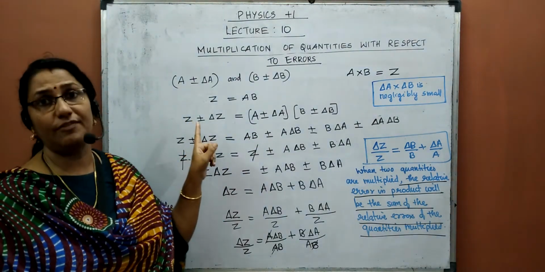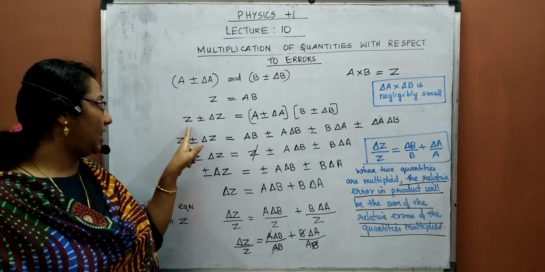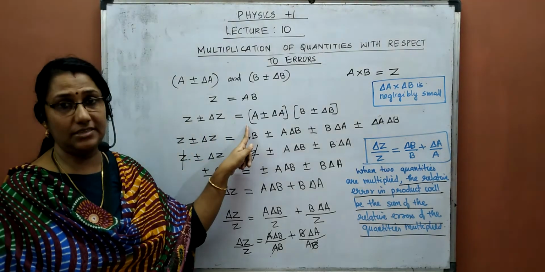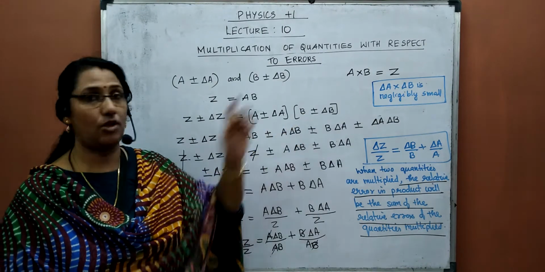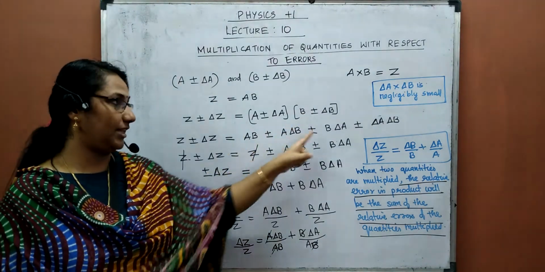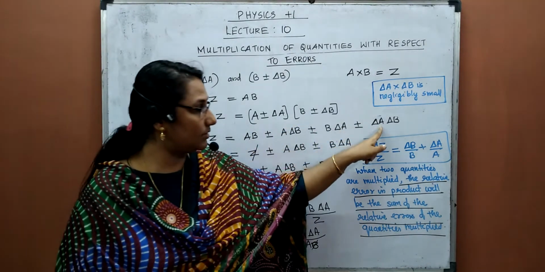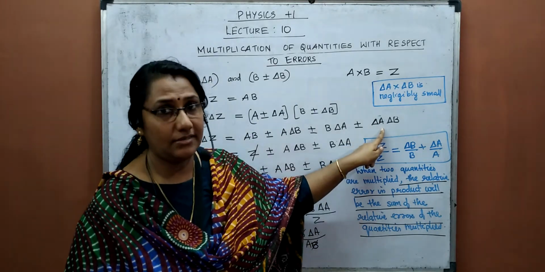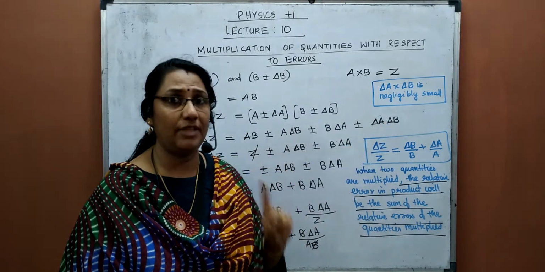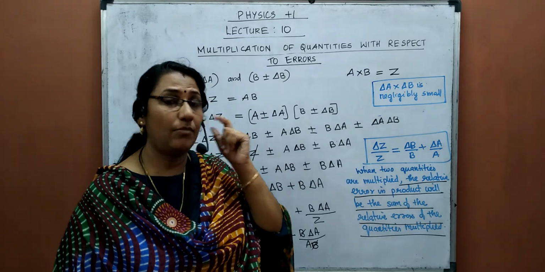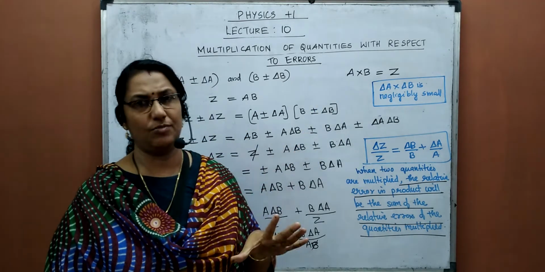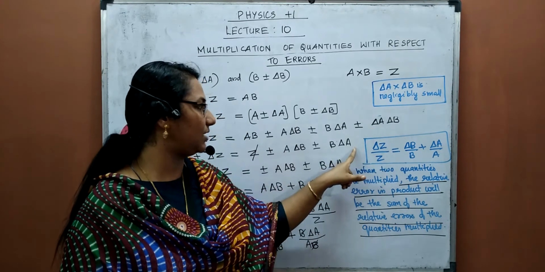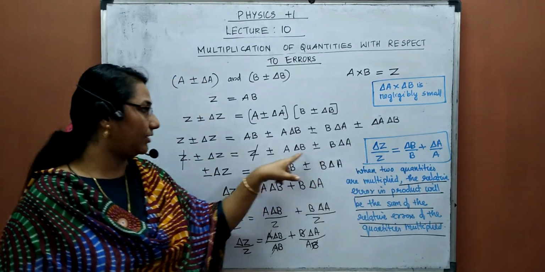So, in terms of error, we will write Z plus or minus delta Z is equal to A plus or minus delta A into B plus or minus delta B. Opening the bracket, in the last term we had delta A, delta B, both of them very small values, and on multiplying two very small values, the product is negligibly small. So we have neglected this from the equation.